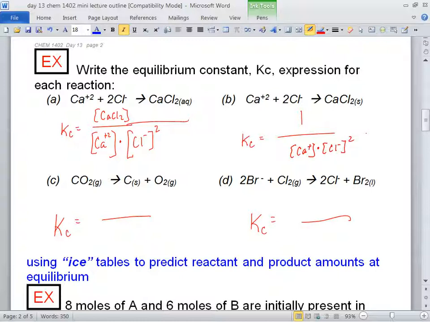Perfect. How about C? Anessa. Concentration of O2 on top over concentration of carbon dioxide. Perfect. And the last one, D. Andrea.